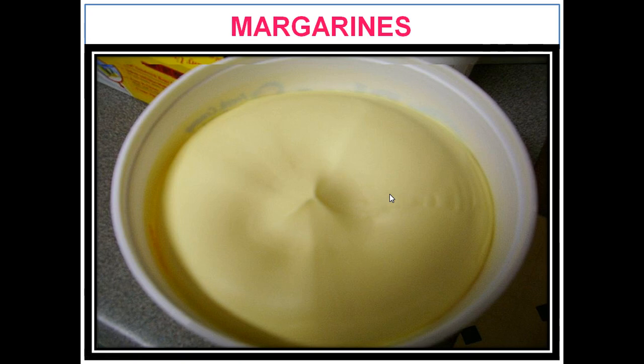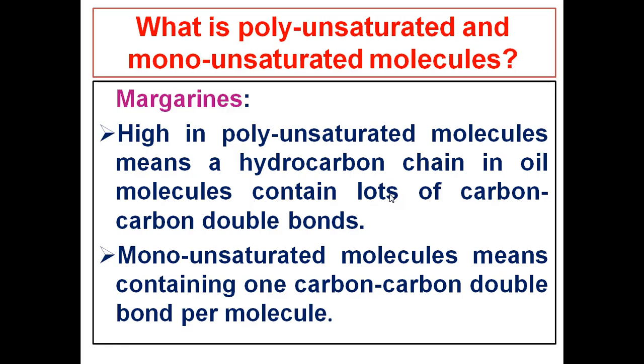The next is polyunsaturated and monounsaturated molecules in margarines. High in polyunsaturated molecules means the hydrocarbon chain in the oil molecules contains lots of carbon-carbon double bonds. There are many carbon-carbon double bonds in the hydrocarbon chain, and we call these polyunsaturated molecules.